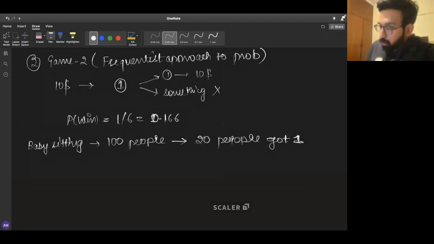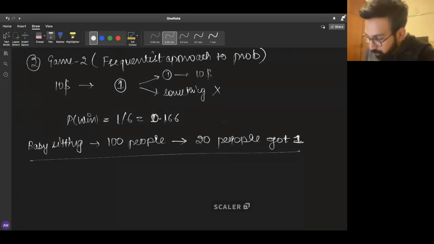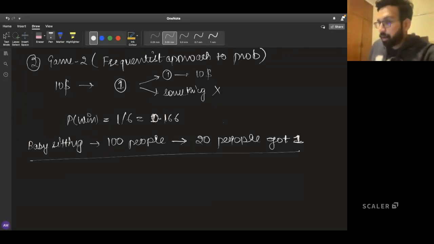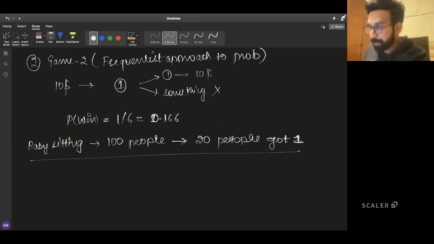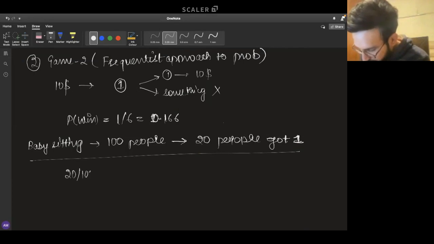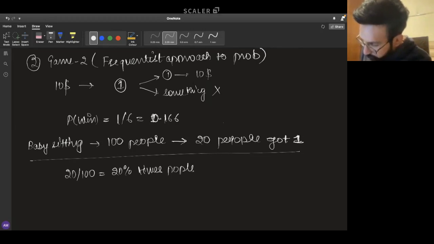Which means from this empirical experiment that you've performed, 100 times seeing this experiment happening, what you saw is that 20% of the times people get 1, or I would say 0.2 would be the probability.